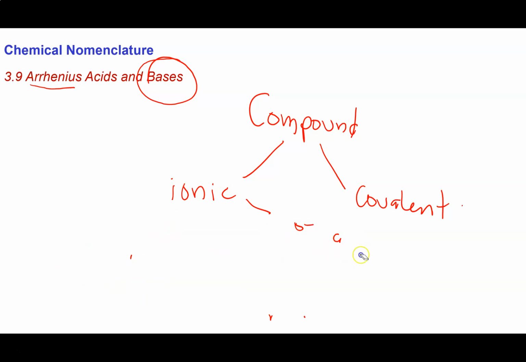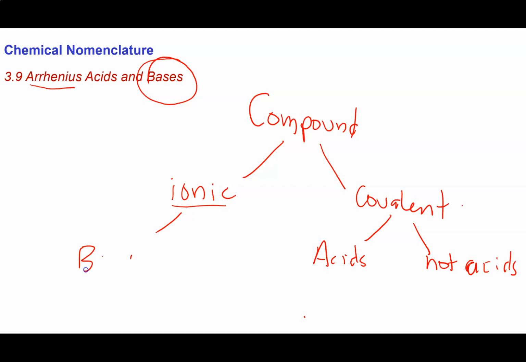When we look at the naming of covalent compounds, which we haven't done yet, we have a slightly different choice. Covalent compounds can be classified as either being acids or not acids. Now, when we classified ionic compounds as either bases or not bases, it didn't affect the naming of them.